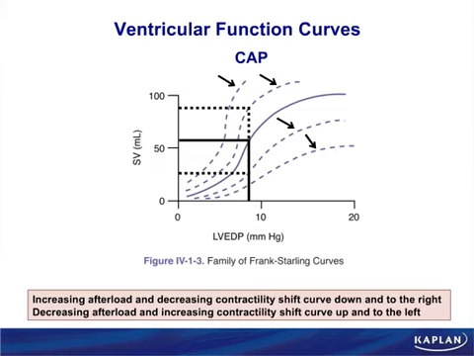Afterload also affects the curve. Remember, when I decrease afterload, I shift the curve up and to the left, increasing output. If I increase afterload, I decrease the output because I'm shifting the curve down and to the right. So we knew this from ventricular function.